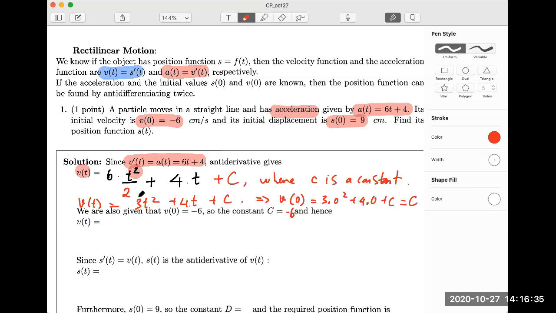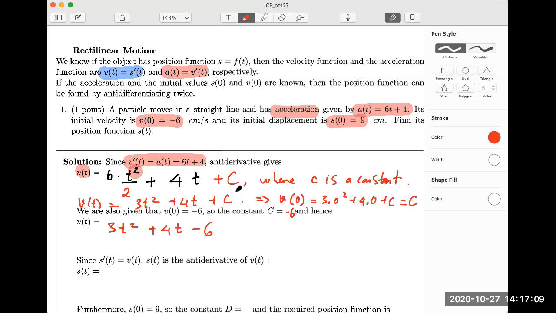If c is -6, then v of t will be 3t squared plus 4t minus 6. So, are we good? Now, we found v, the velocity field. Can we find the position field? Displacement field, yes. The same story.